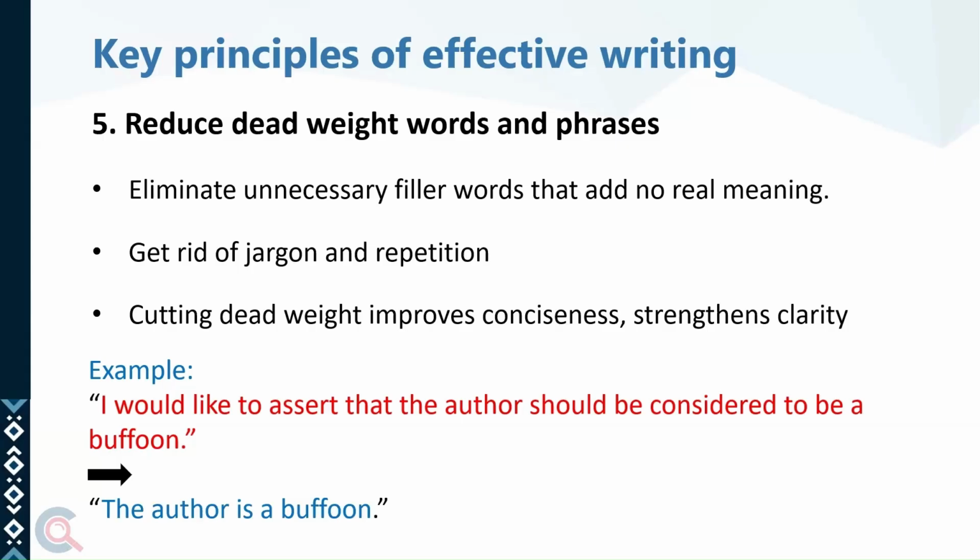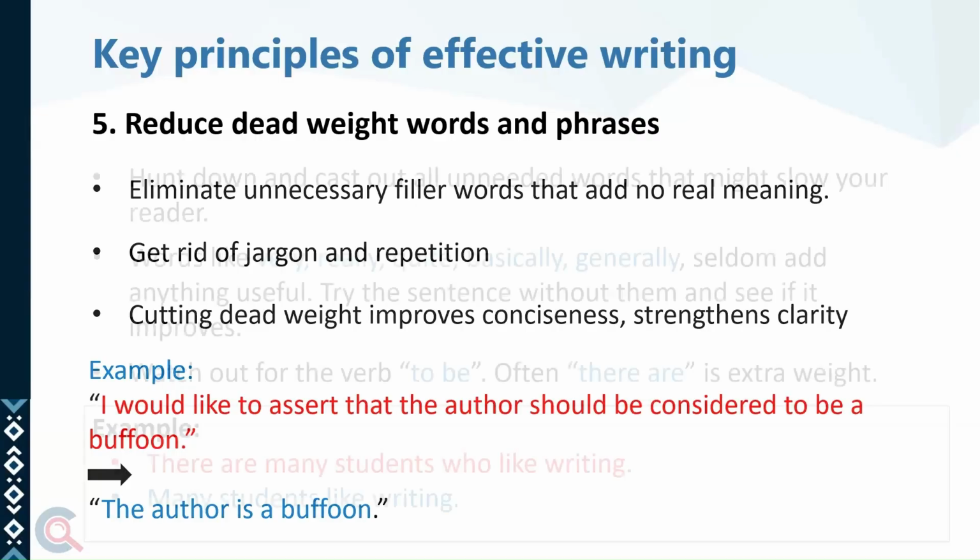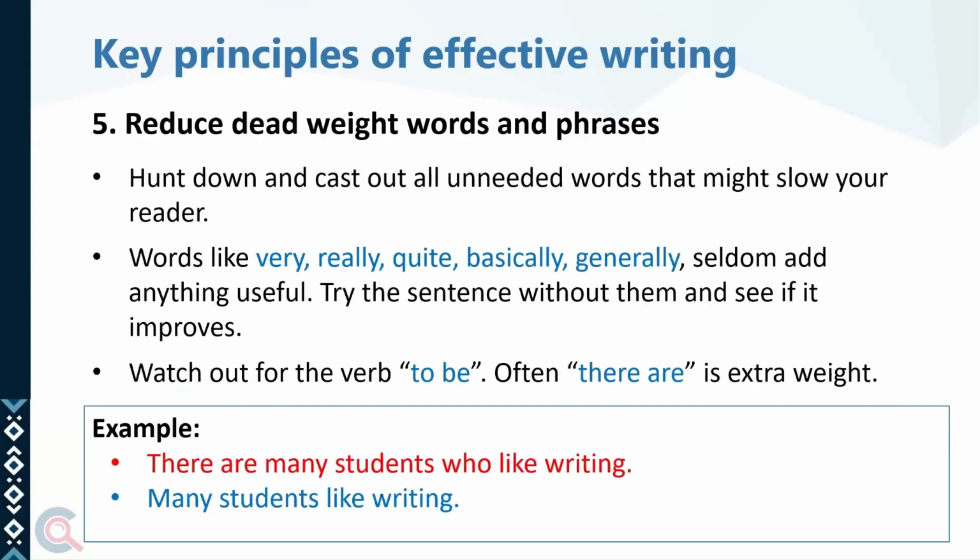The long sentence, I would like to assert that the author should be considered to be a buffoon, is very long. There are a lot of dead words inside, which could just be summarized to: the author is a buffoon. So it's important to hunt down and cast out all unneeded words that might slow your reader.